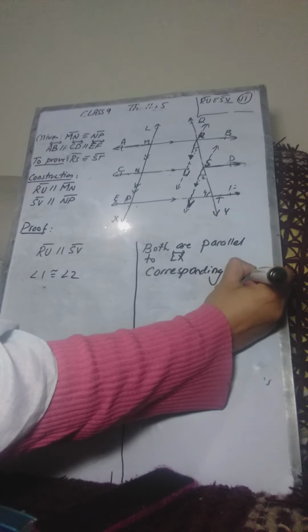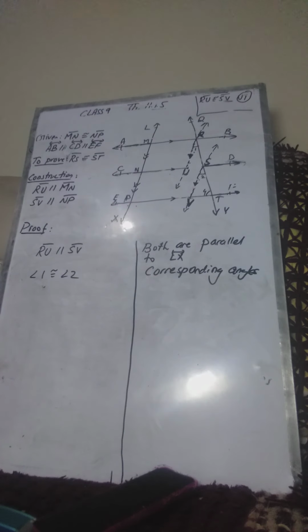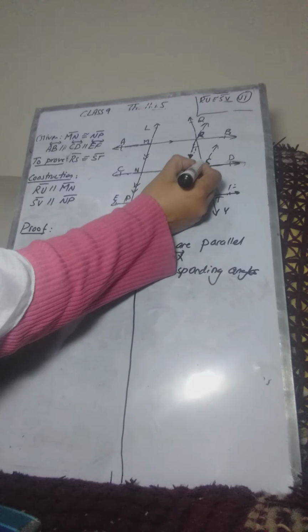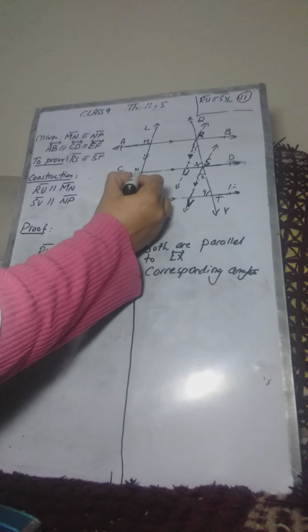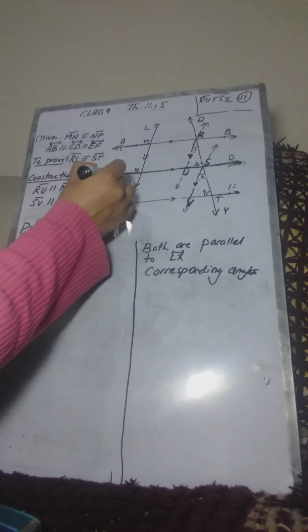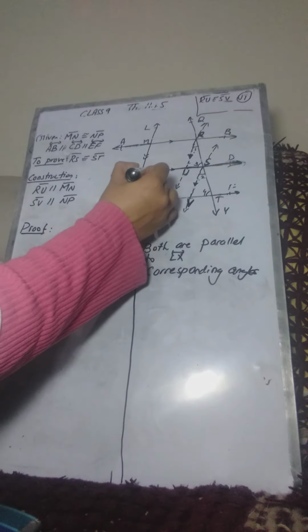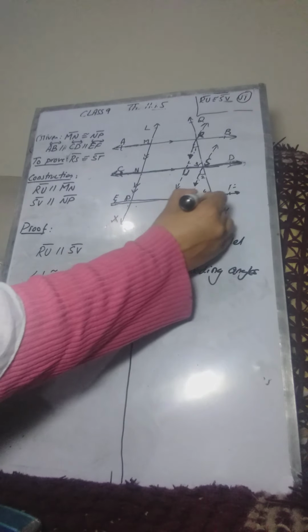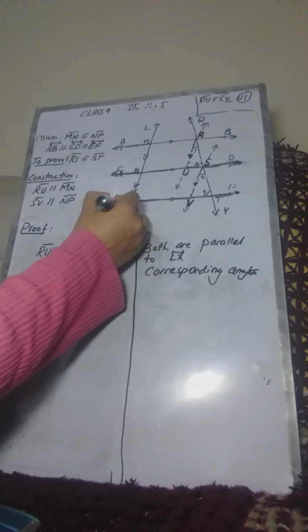Now again look at the figure. This was angle 3. Now observe these two parallel lines, CD and this line EF.